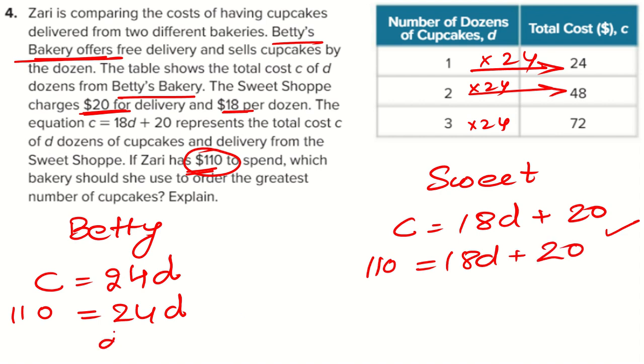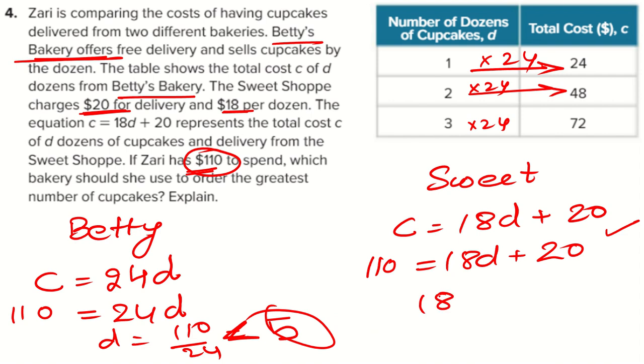Let's check it. So D is equal to 110 over 24. Okay. So this is almost, because it is less than 5. Because 24 multiply 5 will be 120, but here it is 110. So it is less than 5 dozen. Okay. Now here what you will do, 18D is equal to 110 minus 20, means 90.